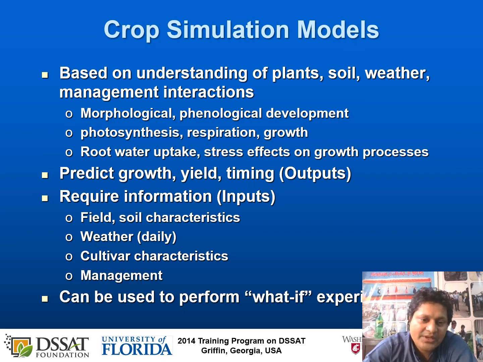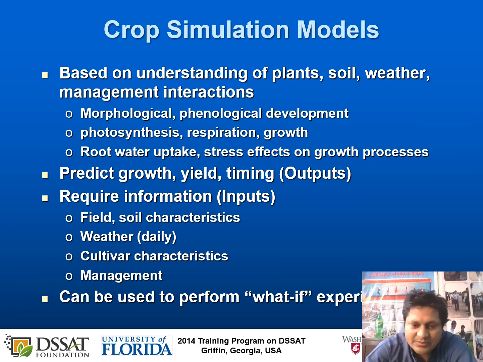Then it can predict growth, yield, and timing. These are the outputs. The required input data to the model are the field and soil characteristics, daily weather data, and cultivar characteristics and management.